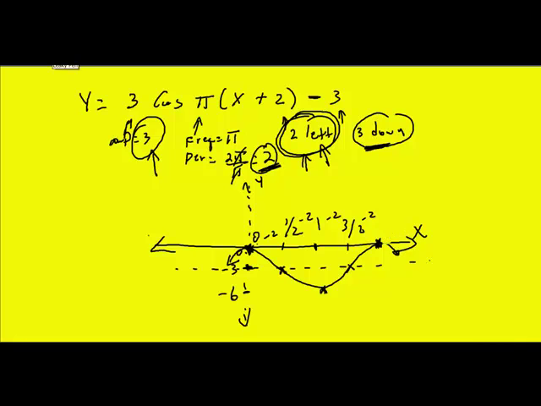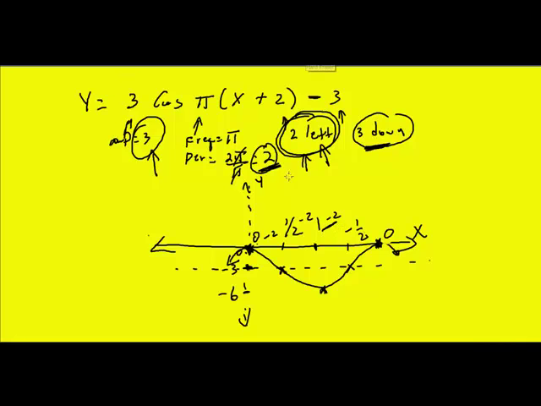Let me write that down. That's my new 0. What's 3/2 minus 2? That's -1/2. So let's erase 3/2 minus 2. Call that -1/2. Okay. -1/2. -1/2. What's 1 minus 2? Well, that's going to be -1.